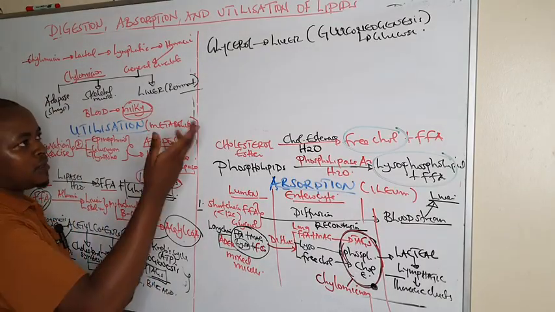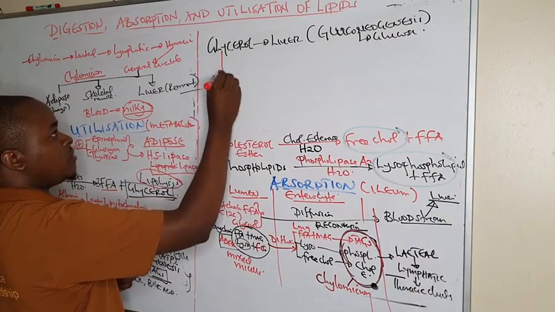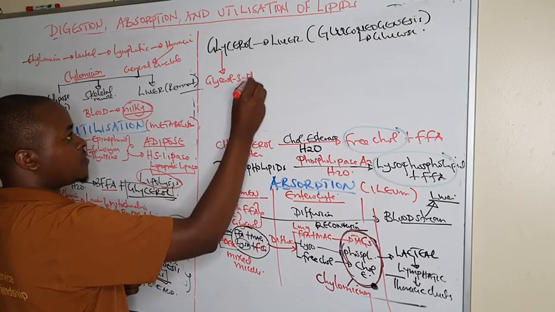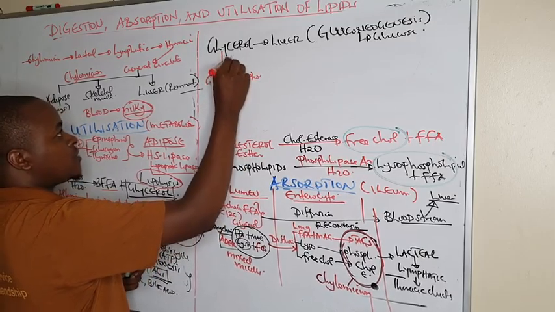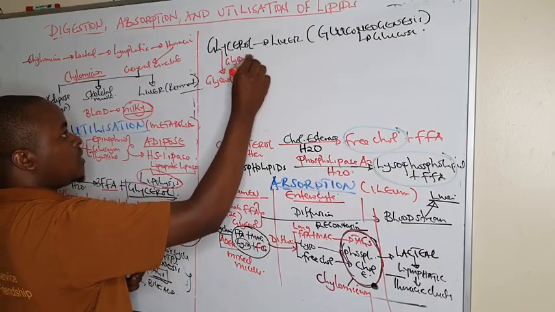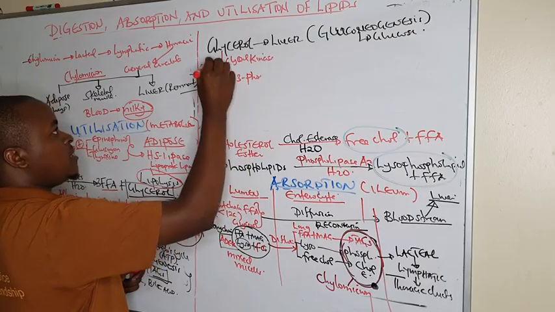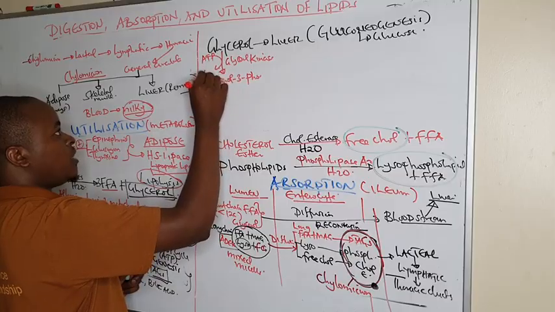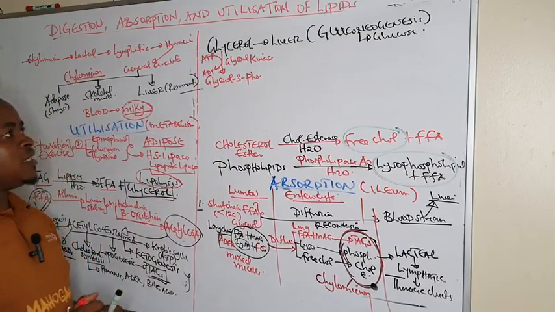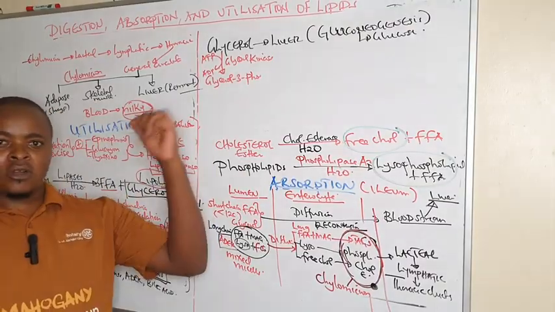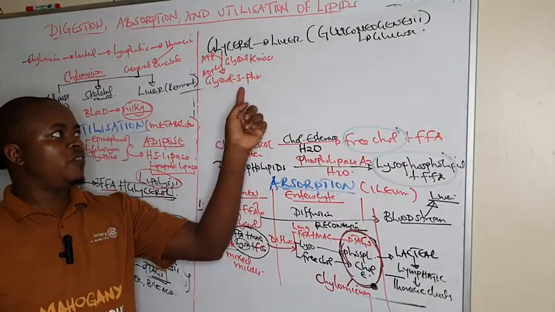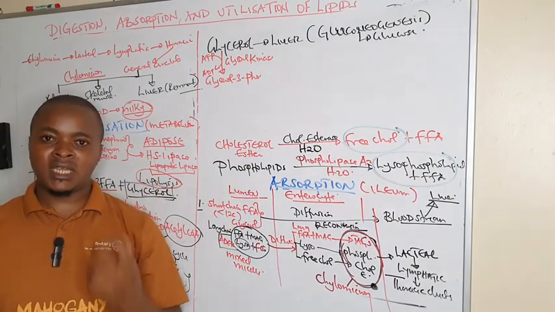And how does it happen? When we have glycerol, it is converted to glycerol 3-phosphate by an enzyme known as glycerol kinase, whereby it utilizes ATP to form ADP. So ATP donates 1 phosphate at carbon number 3 of glycerol to form glycerol 3-phosphate in the presence of glycerol kinase enzyme.